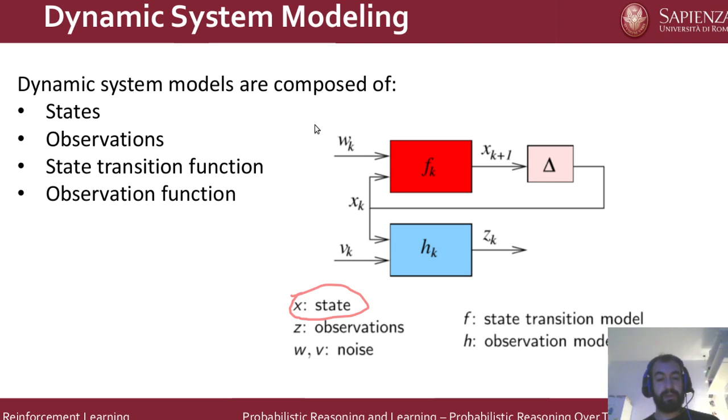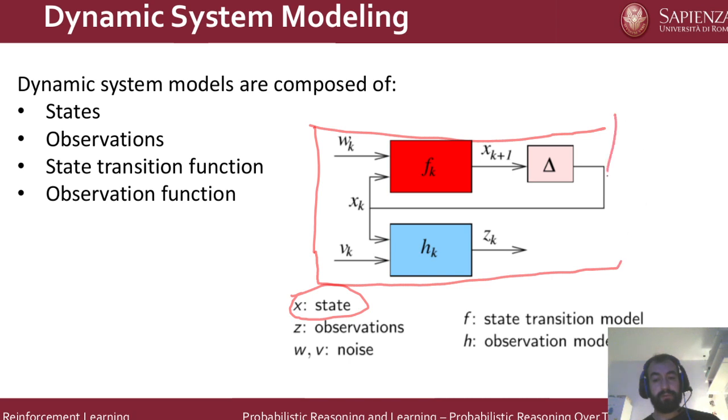Let's look a bit at this diagram over here. As you can see, here we have our current state. This current state is fed inside a transition function, here called f, which generates a new state, x k plus 1.